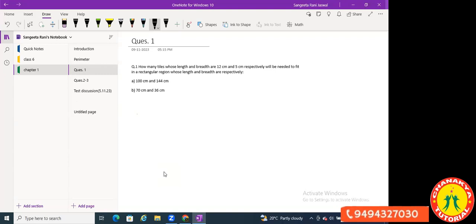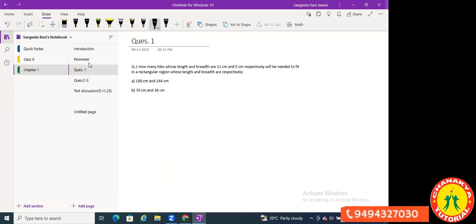Number of tiles. Now the length and size of the tile is given. So let's find area of the tile. Ma'am, we need to find the area of the tile by the area of the rectangular region.